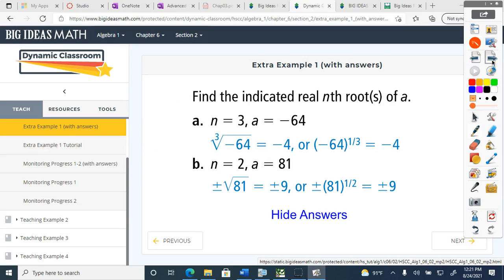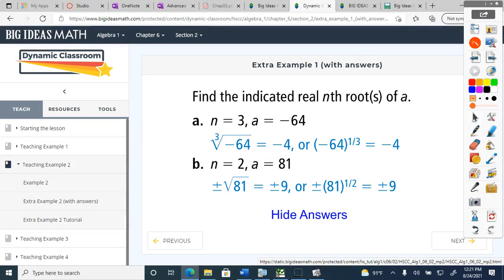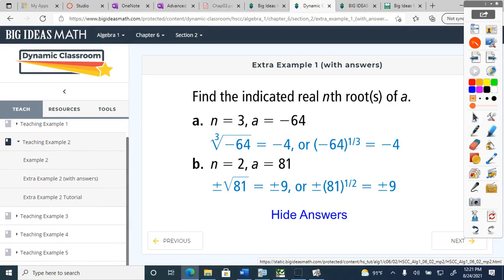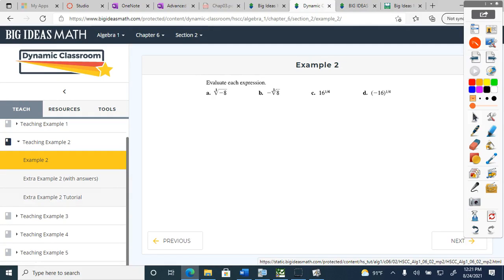All right. More of the same, basically. Evaluate each expression. All evaluate means to do is what? Solve. Put it in your calculator, basically. I'm going to write them bigger so y'all can see.